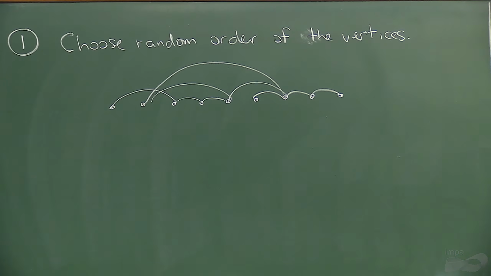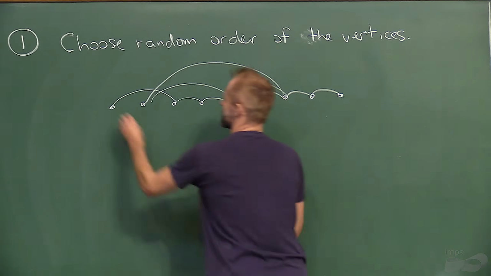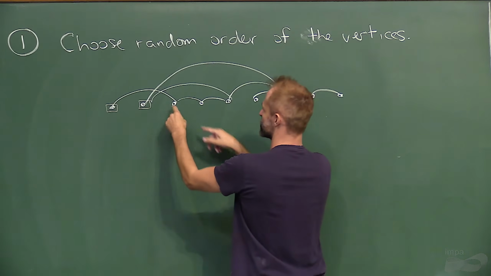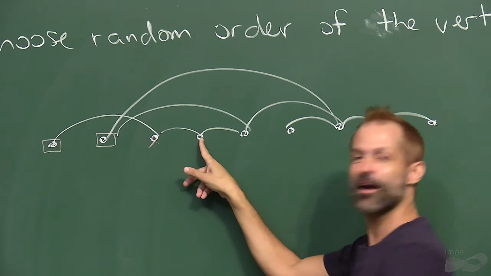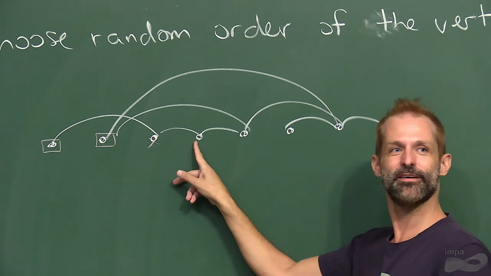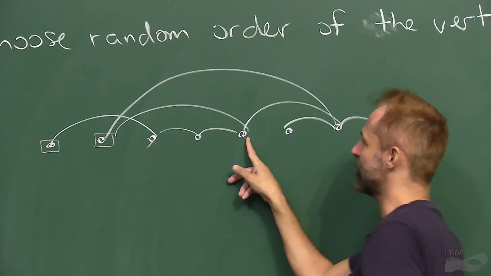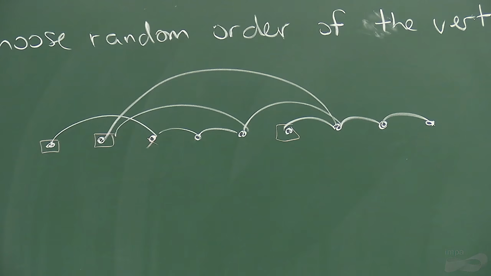Instead of just throwing away vertices where you chose its neighbor on the left, basically what you're saying is you pick this guy and throw away this one. You pick this guy and throw away these two. This one's thrown away. This one's not thrown away, so you can choose it. Okay, I want to be stupid and not choose this one, because it has a neighbor to the left. I'm not going to choose this one, but I'm going to choose this one. No neighbors to the left, neighbor to the left, neighbor to the left. That's all I'm choosing. I was kind of done. I could have chosen more.